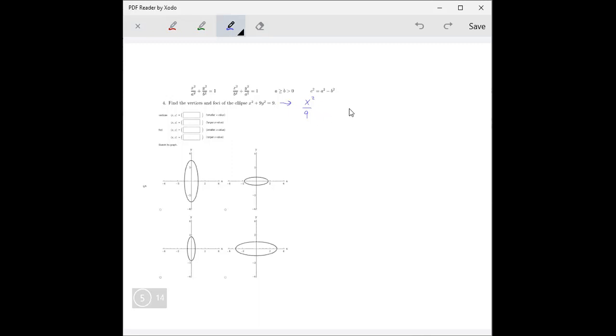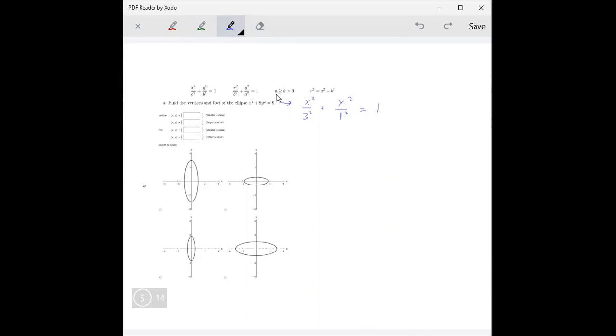By the way, 9 is 3 squared, so I can change that 9 to a 3 squared. And of course, if I divide by 9, then that's just going to be 1. So I can have a 1 squared there, equals 1. That's kind of weird, but let's just leave it like that for now.